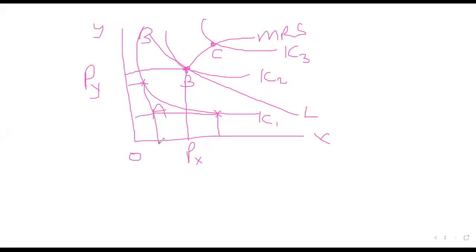So if you're moving, for instance, from 4 to 3, you're going to gain maybe from 1 unit to 5 units. So this loss of 1 unit in good Y will make you gain 4 units in good X. So plus 4 at the expense of 1, minus 1. So this is what we call opportunity cost.